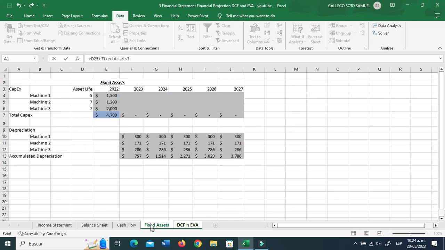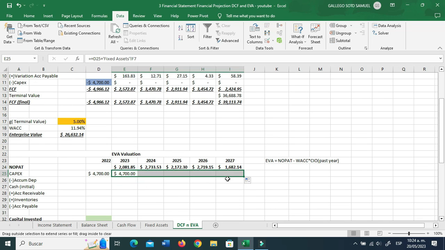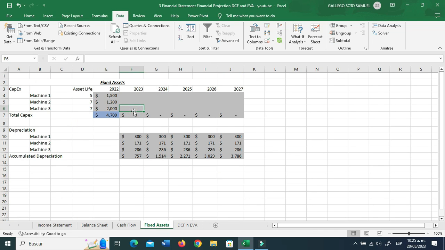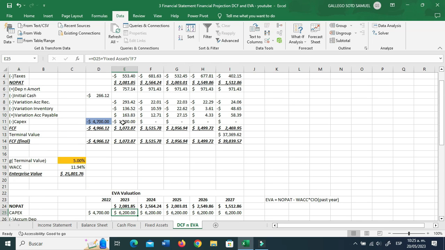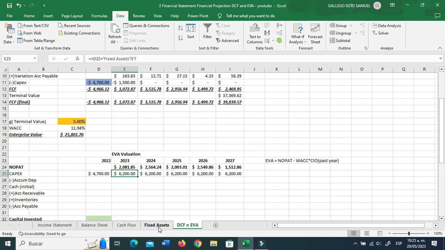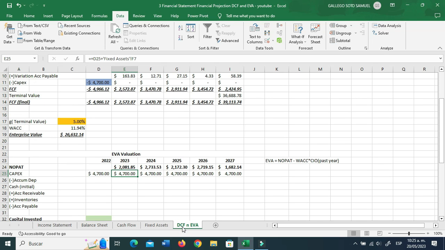And then the capex, which this time is going to be a positive value from here, 2022, and then we're going to be adding progressively in time what we have. Just in case you didn't understand that, let's pretend that we bought something like 1500, so it's going to be adding this up here and subtracting over here, as you can see.